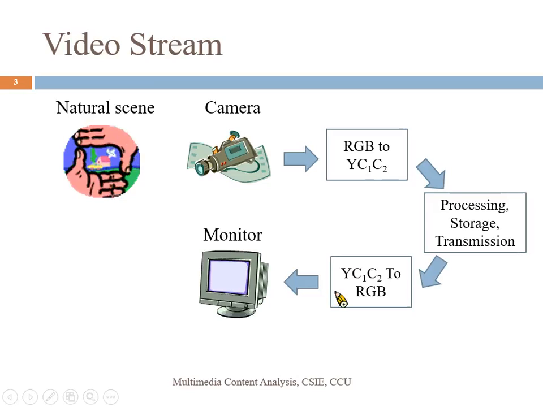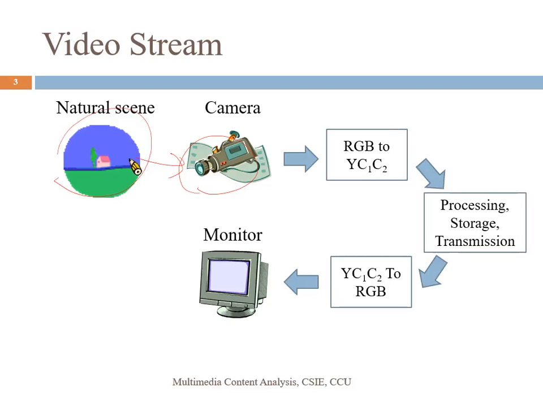So here is an illustration of the video stream. In a natural scene, we may use a camera to perceive the visual information, and we have to quantize and sample visual information. And then to efficiently store the video data, we have to do data compression.